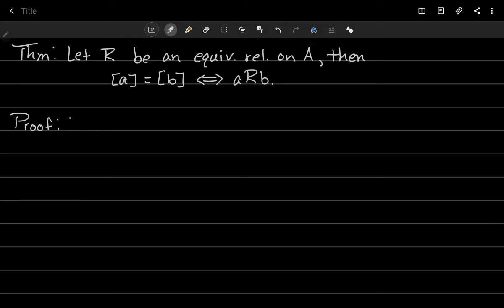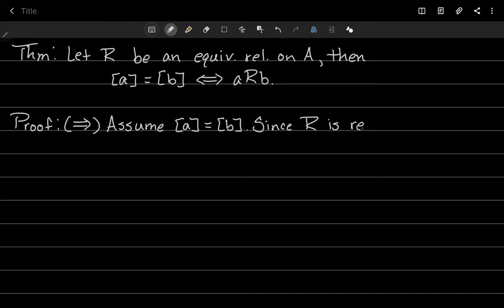So let's go ahead and do this direction first. So I'm going to assume equivalence class of A equals equivalence class of B. All right, here we go. Now remember, R is an equivalence relation. That means R is reflexive.